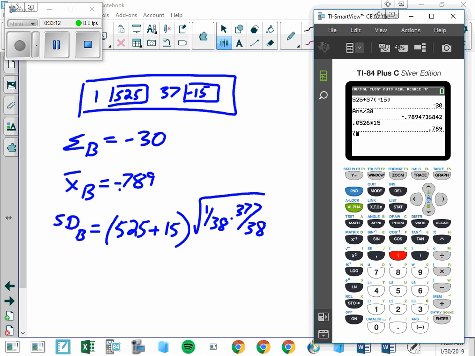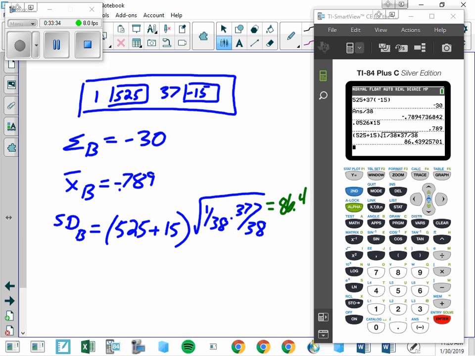So 525 plus 15 times the square root of 1/38 times 37/38, and I get 86.4.